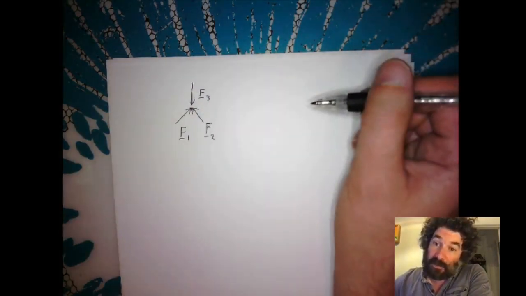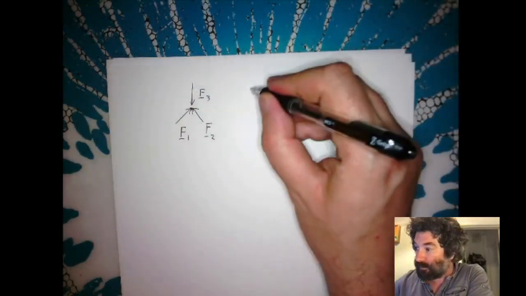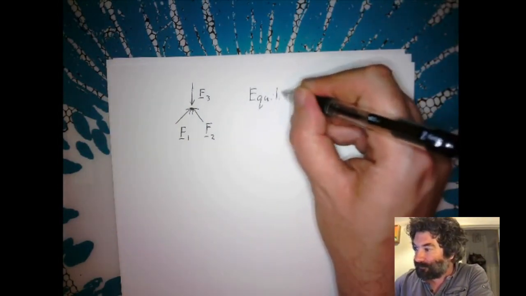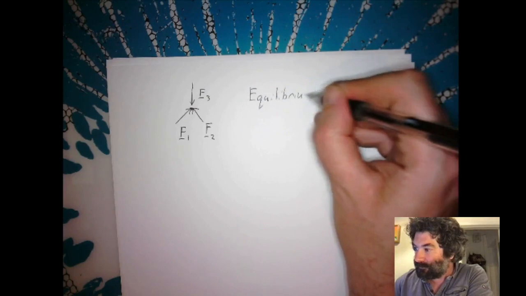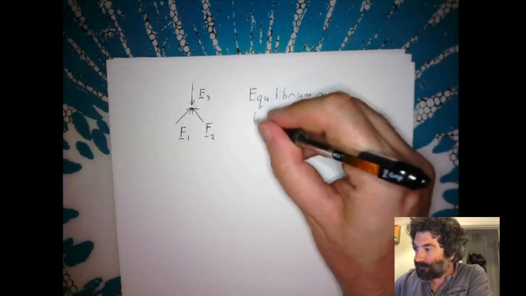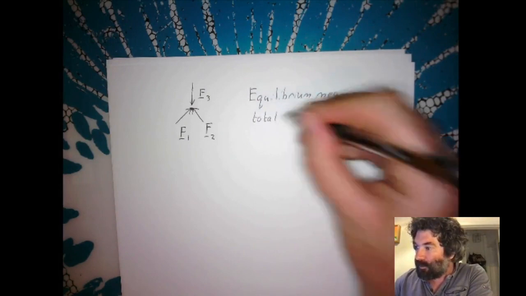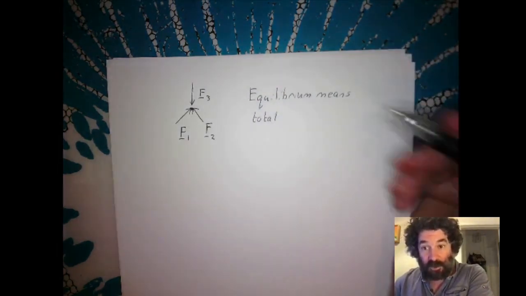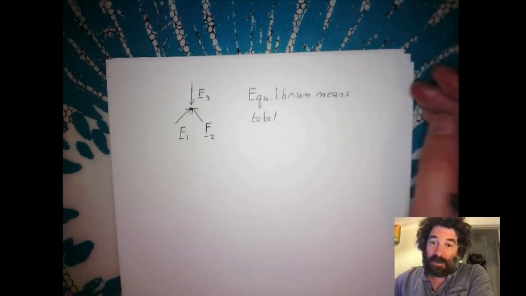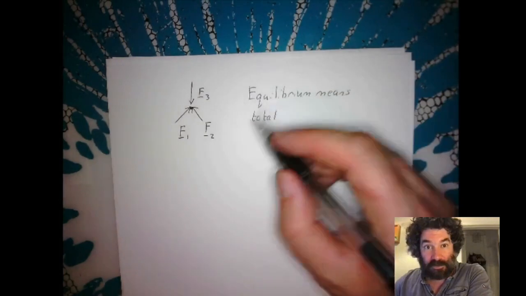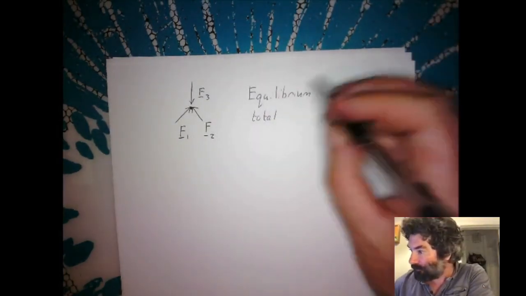And equilibrium means the total force is 0. So we add up these three vectors. The total force is the sum of the three vectors, and that will have to be the 0 vector. That will give us the condition to determine F3.